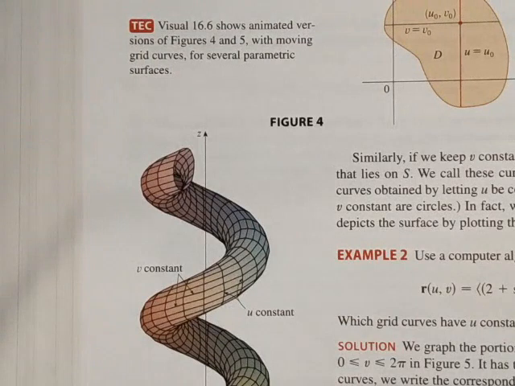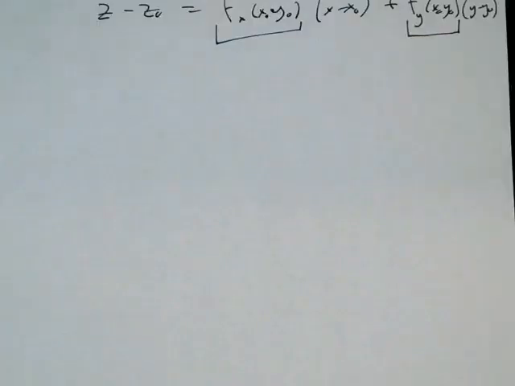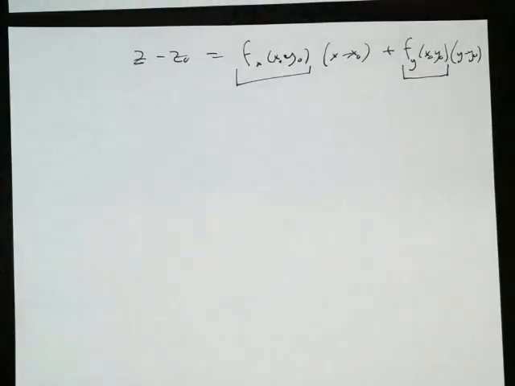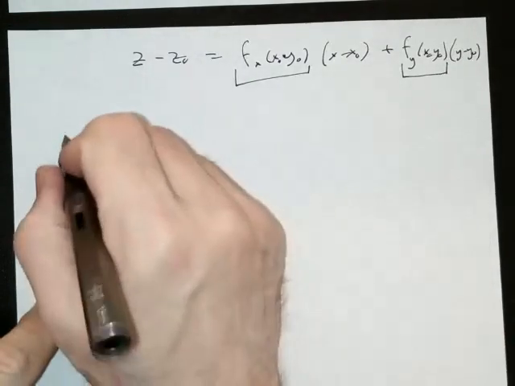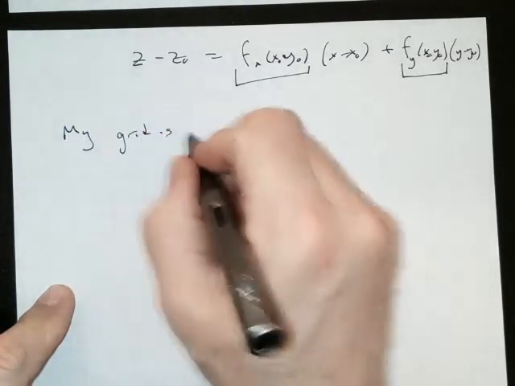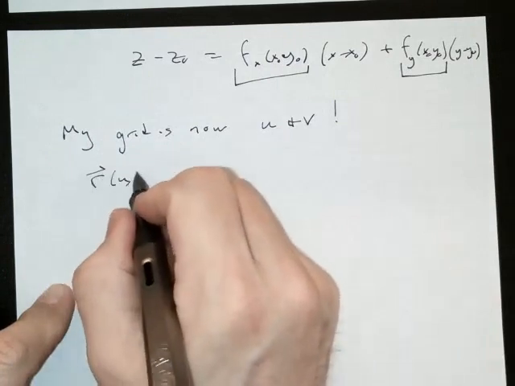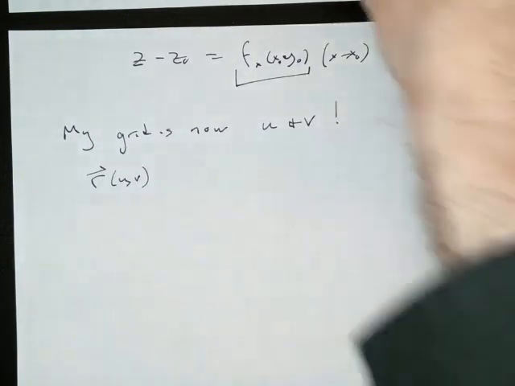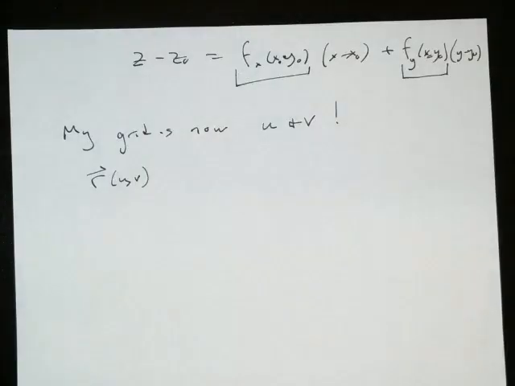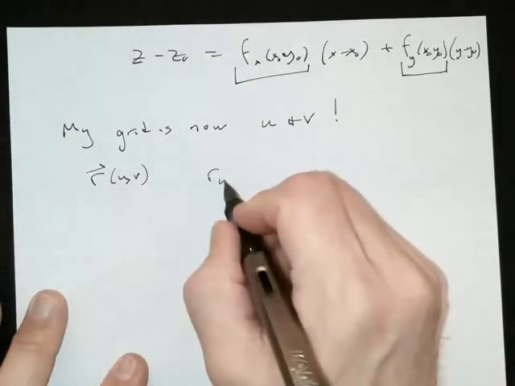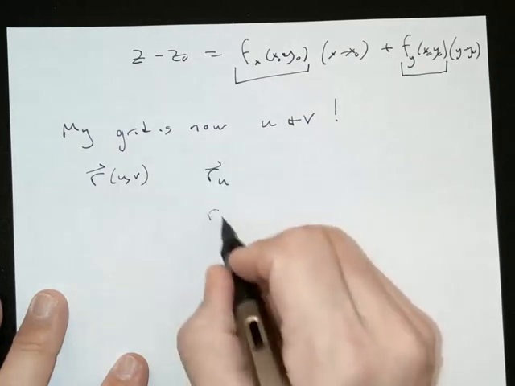My grid is in U and V, not in X and Y. So instead of taking my partial derivatives in X and Y, I should do the same process, but I should do it in U and V. So what I need to do is I need to say, oh, the vector I need is made up of the partial derivatives. I need RU and I need RV.